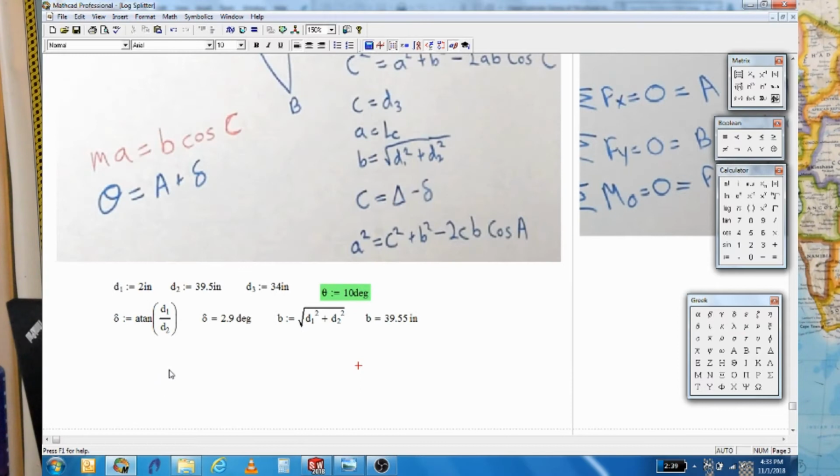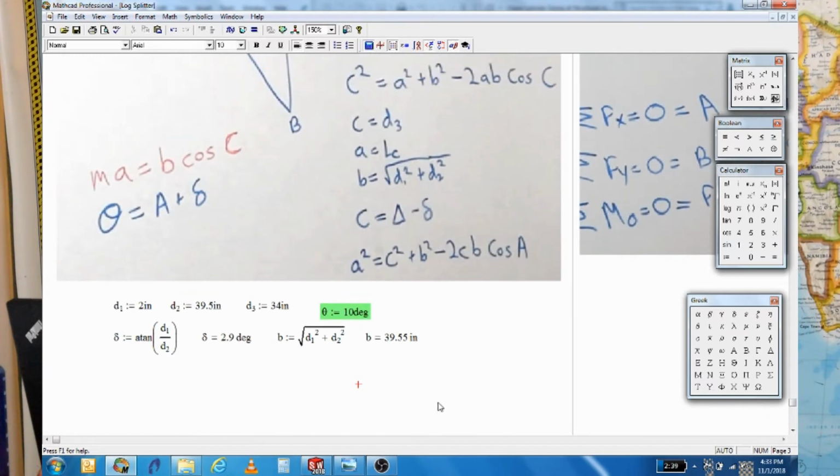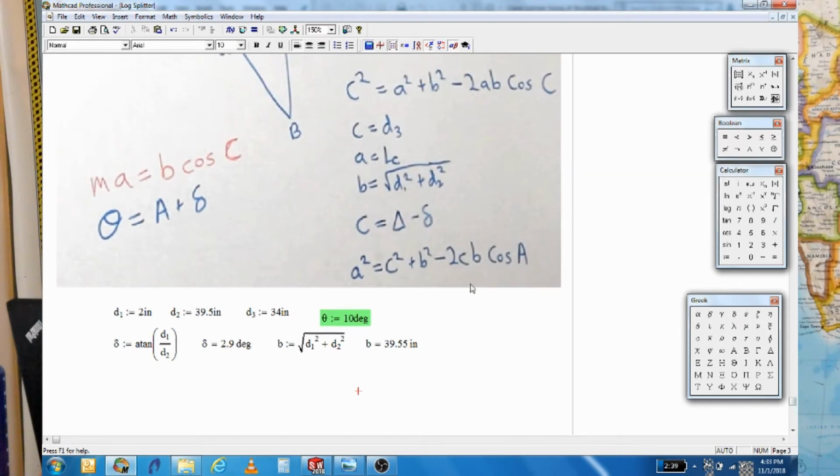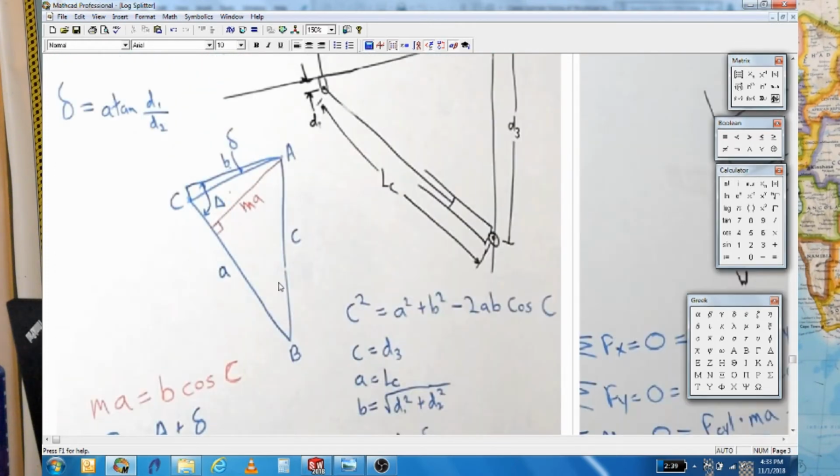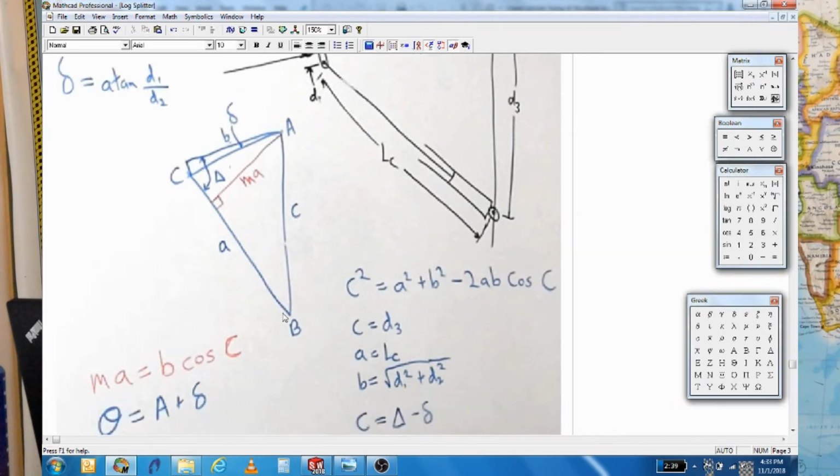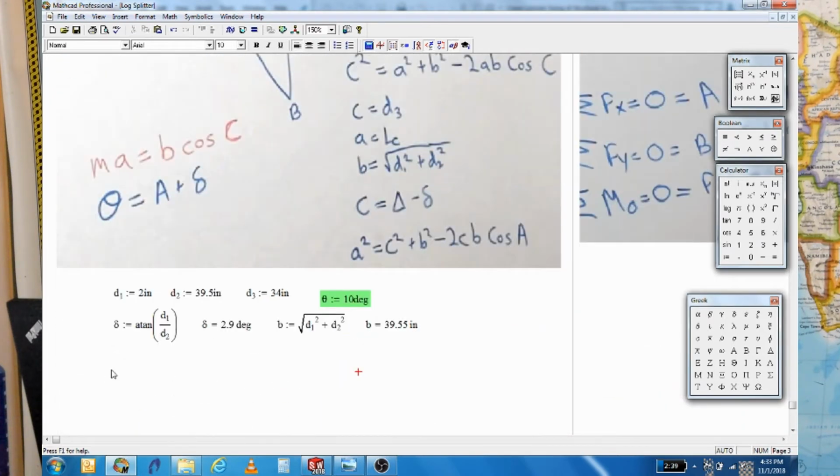Okay, so the next thing we're going to do is solve the angle A. The angle A is going to be 90 degrees minus theta minus delta. You have to make sure you put in degrees, otherwise it's going to think it's radians.